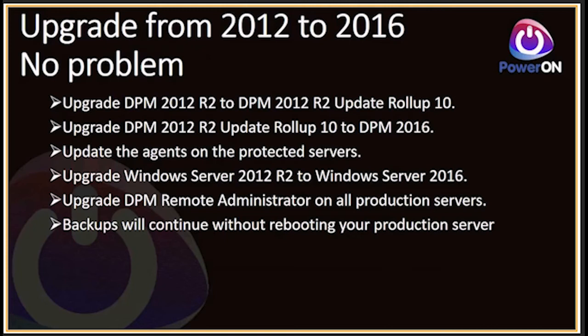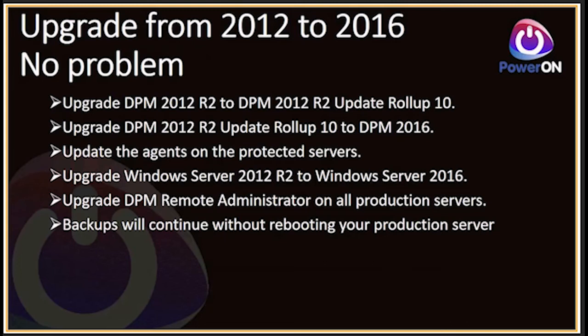Before you upgrade or install DPM 2016, please read the prerequisites on the Microsoft site. Some DPM 2016 features, such as modern backup storage, require Server 2016 to get that full Resilient File System. It is possible to upgrade to DPM 2016 from 2012 R2 running on Windows Server 2012 R2.